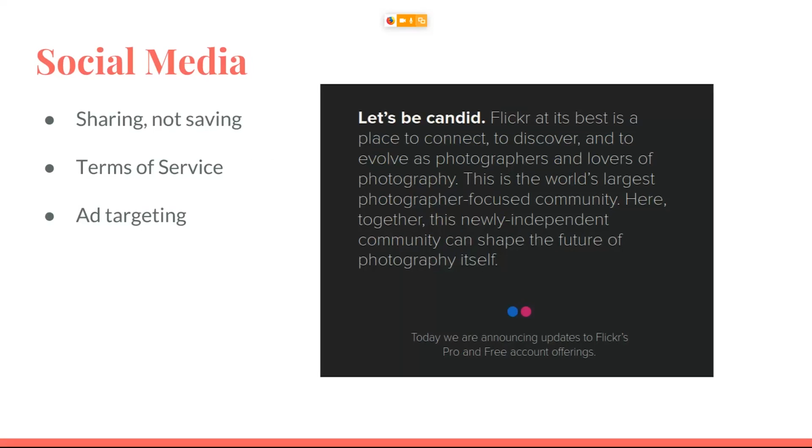This is very clear when you go into the terms of service. And this is an easier conversation to have now, given everything that's happened with Facebook in the past couple of years, compared to even a year or two ago.